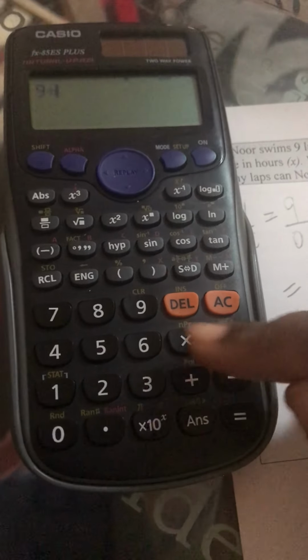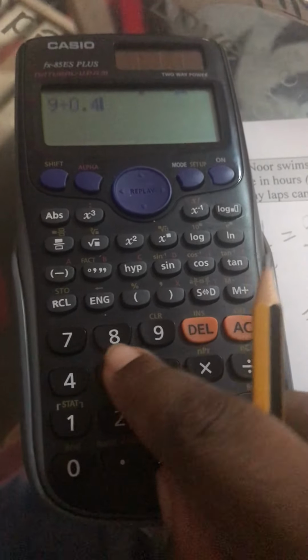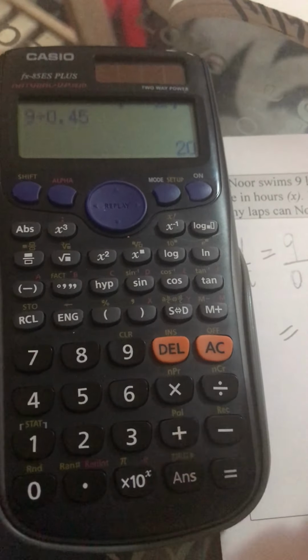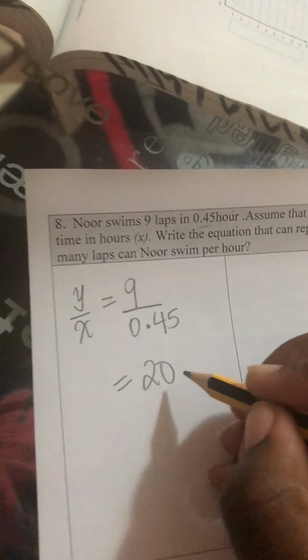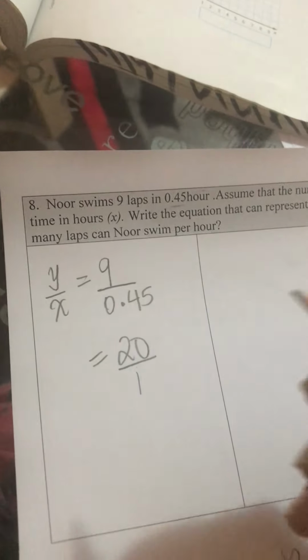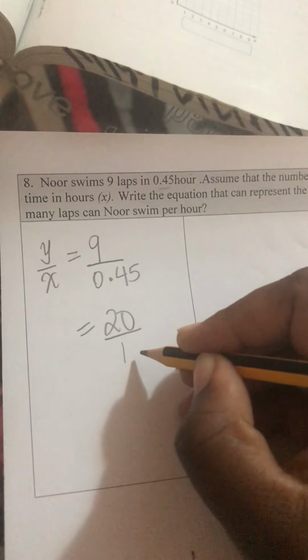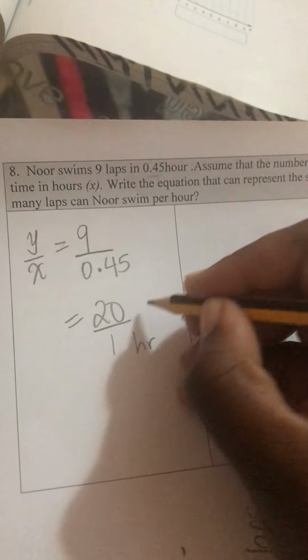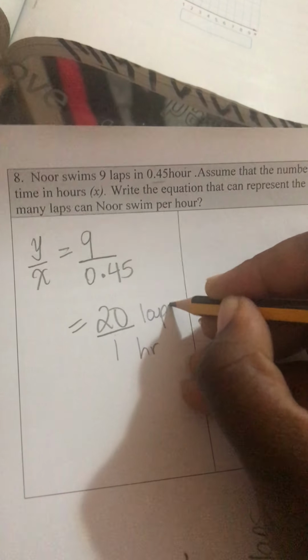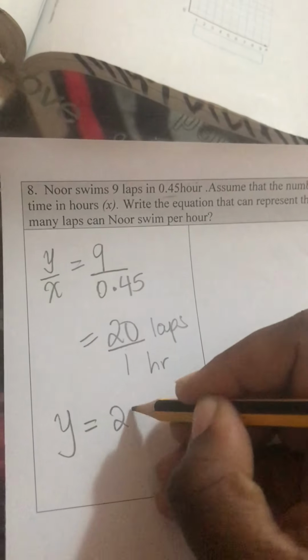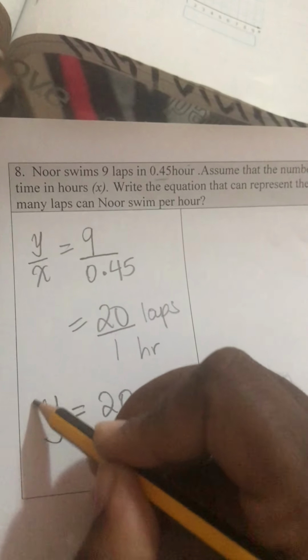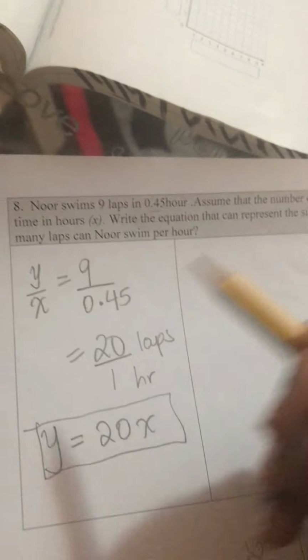So let us see. 9 divide 4500. I get 20. So for every 1 hour, she should swim 20 laps. That's what that means. Okay? So this is 1 hour, 20 laps. My equation will be y is equal to 20x. That's what the question says.